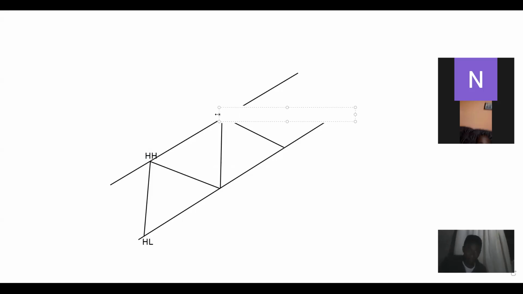So here we have a high high again, and then we have a high low. So on the third touch here, I prefer you guys to know that we're going to be having a 90% rule from this certain point here. The reason for the 90% rule is that the market has a 90% chance of reversing, understand?